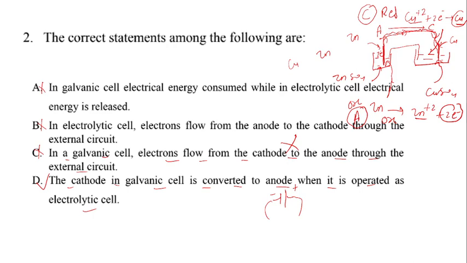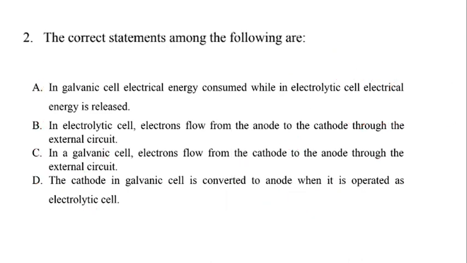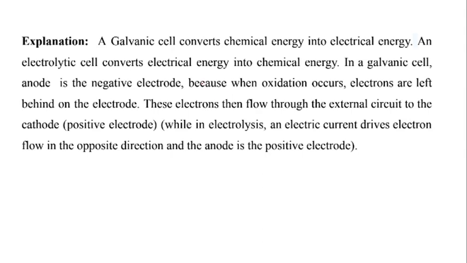So this is all about question number 2. Any doubt? I think no doubt. Let me explain this question again. A galvanic cell converts chemical energy into electrical energy. Galvanic cell means generally the different types of cells we use, primary or secondary.